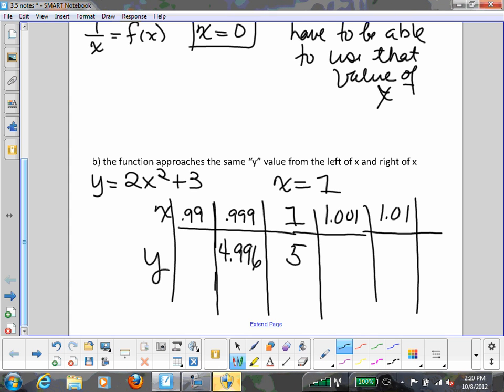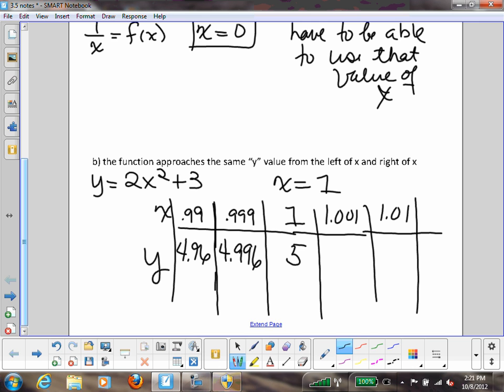So would you agree that our value is very close to 5? At 0.99, what do we get? Yep. Again, really close to 5.